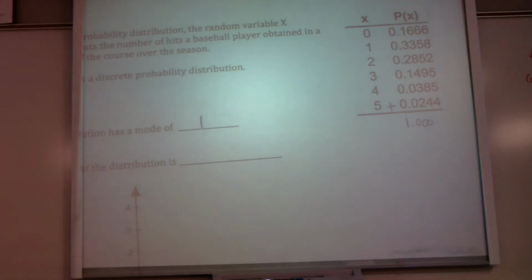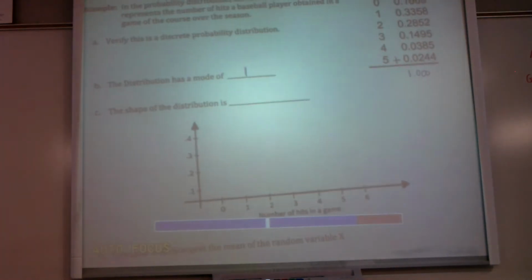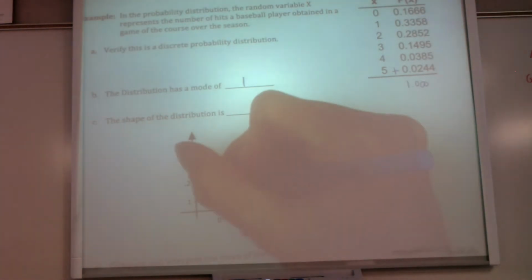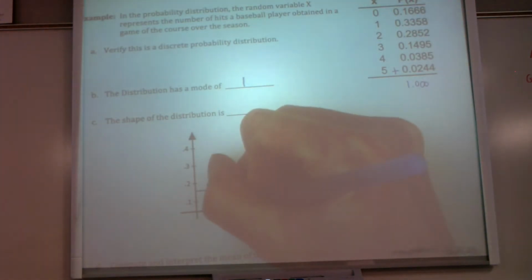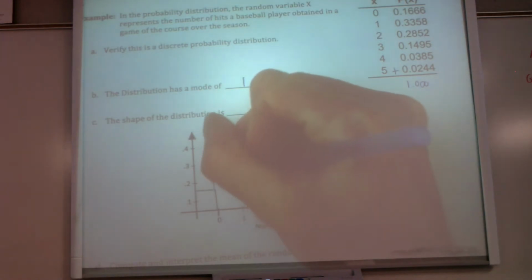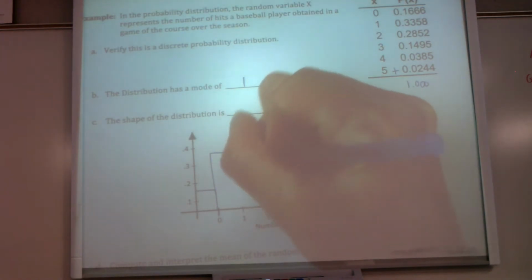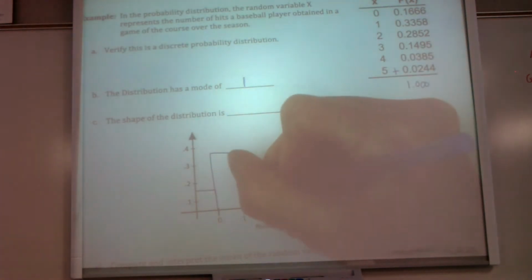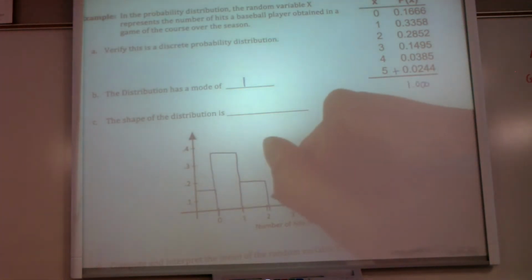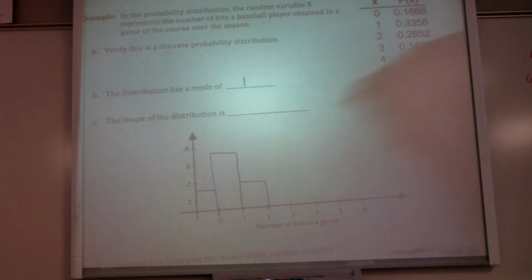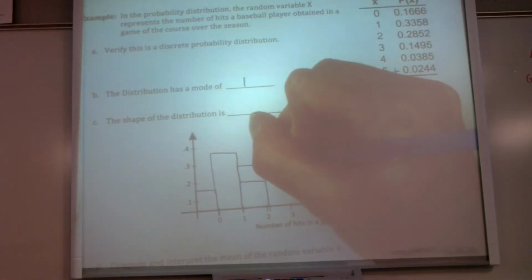So then let's come down here and let's actually graph this, okay? So I'm going to graph 0.166, 0.33, 0.28, 0.14. Oh, that was not anywhere near where that's supposed to be. I'm sorry. 0.28 is like right about there.